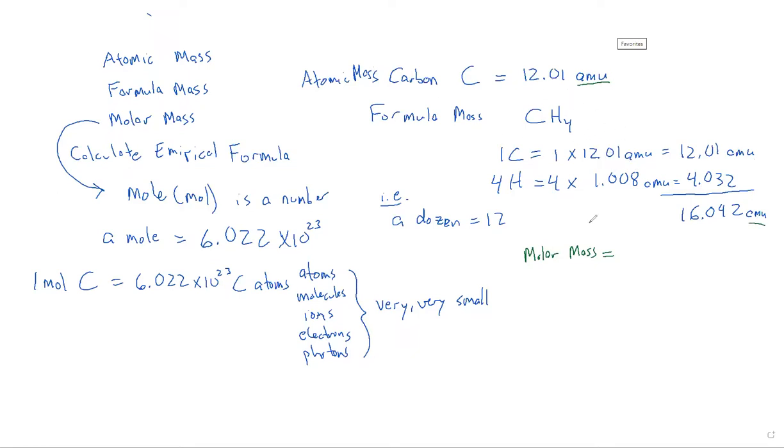So let me show what I mean by that. The molar mass of carbon is equal to 12.01 grams per mole. The molar mass for methane is equal to 16.042 grams per mole. So what does that mean? You should recognize this as a conversion factor.